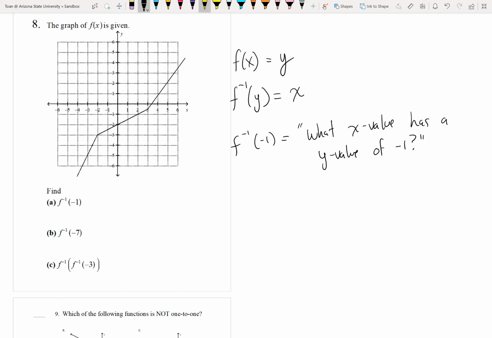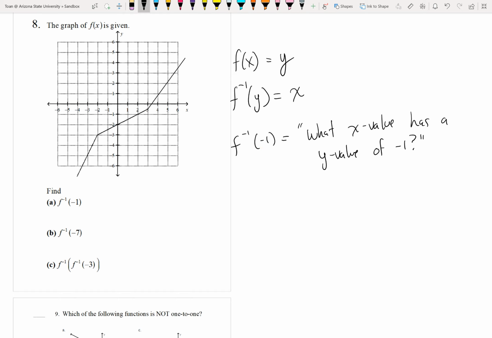So because we're using an inverse function, this guy here is actually an x value, so the full answer is looking for a y value. Excuse me, let me rephrase that. Since this is an inverse function, whatever's in here is actually a y value, and the whole answer is looking for an x value.